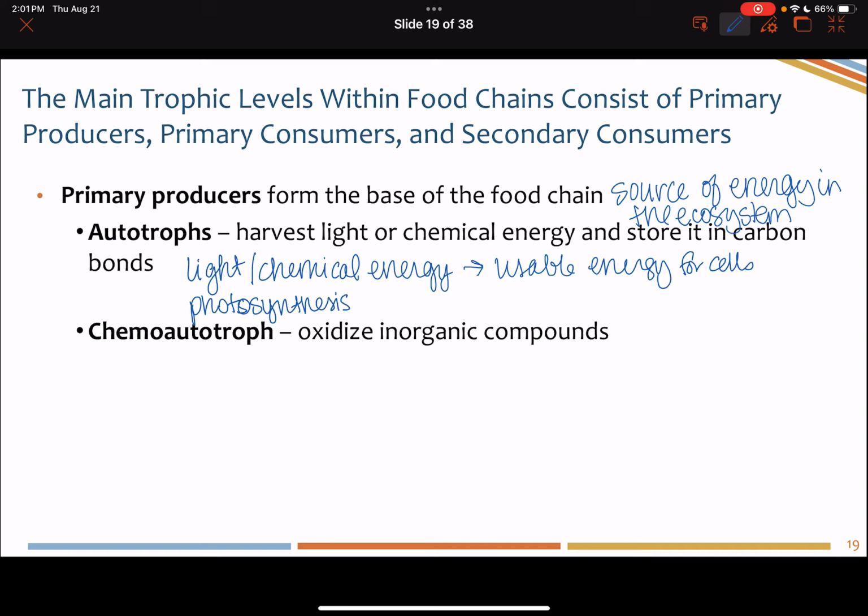So our plants, algae, cyanobacteria, those are all photoautotrophs. But we can also have chemical autotrophs or chemoautotrophs.